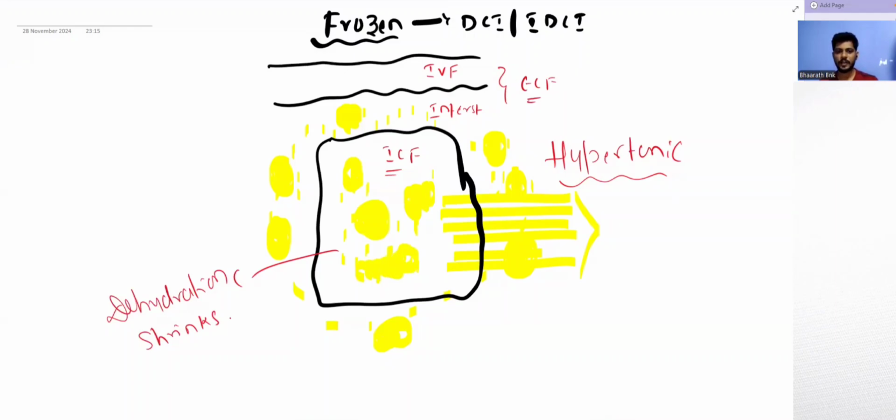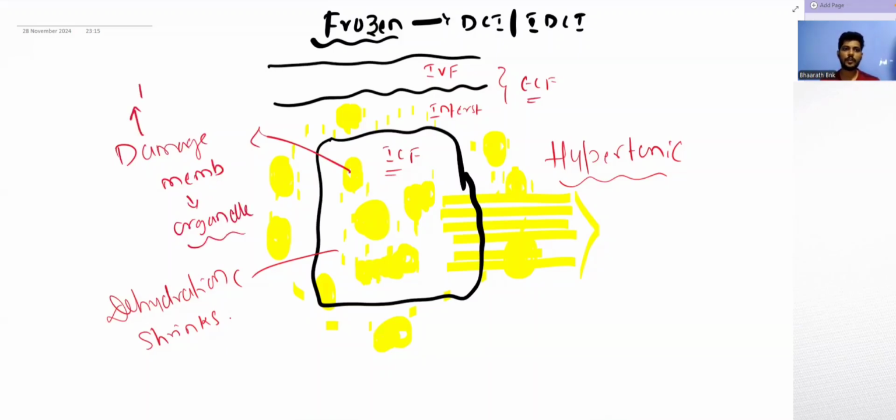As the intracellular ice crystals form, they have two effects. One is it will damage the membranes. Now, these membranes could be organelle membranes. So these are the intracellular cytoplasmic organelles, and the organelle membranes are damaged. And second, it could damage the plasma membrane. Now, when it damages the plasma membrane, it will lead to the formation of pores.